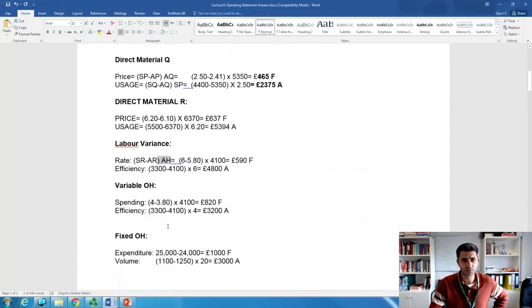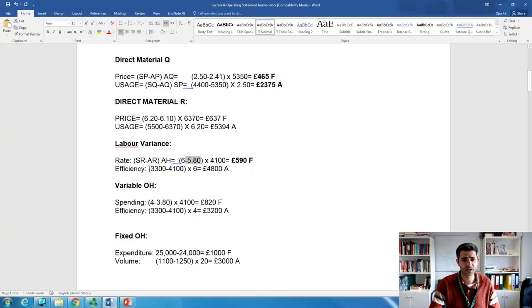So if you apply the formula, you should be able to find that it's £590, which is favorable. Very simple. Why is it favorable? As you see here, the actual rate is less than the standard rate. So we pay labor rate less than we expected, and that's why we have favorable variance.